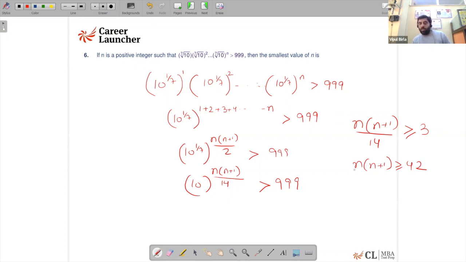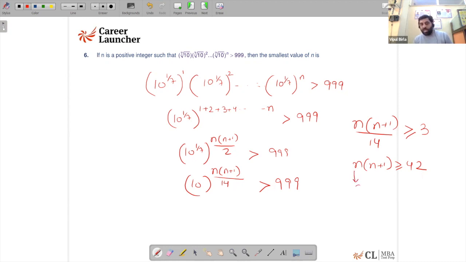Now that is something which we need to keep an eye on. What should be the value of n such that it will become greater than or equal to 42? So if I take n equal to 1, 1 into 2 is going to be 2. If I take n equal to 4, let's say, 4 into 5 is 20. Again, we need to take it more. 5 into 6 is 30. 6 into 7 is equal to 42, and which is what I need. So therefore, if I place n equal to 5, I'm getting a value which is less than this.